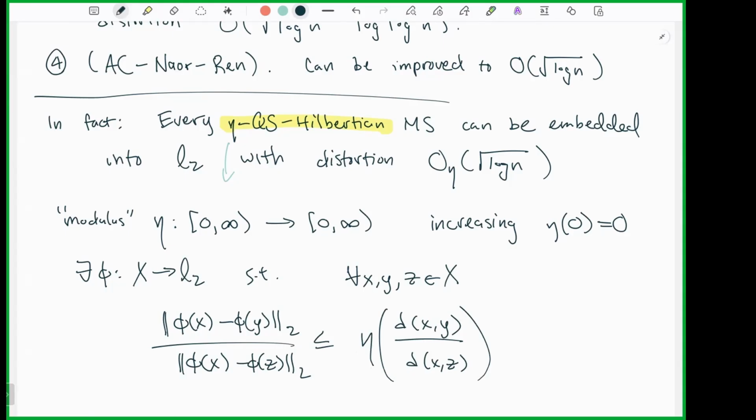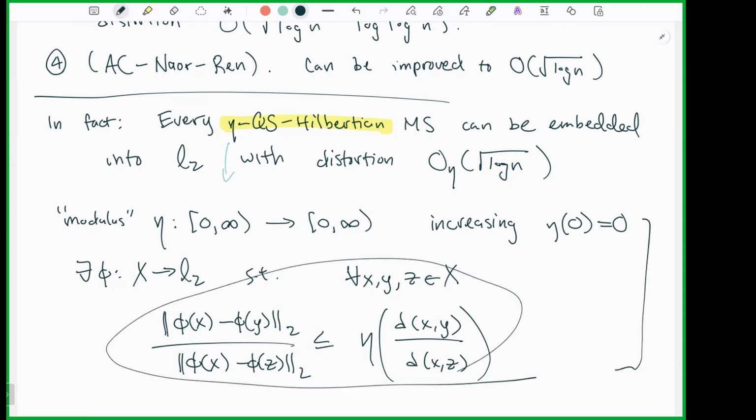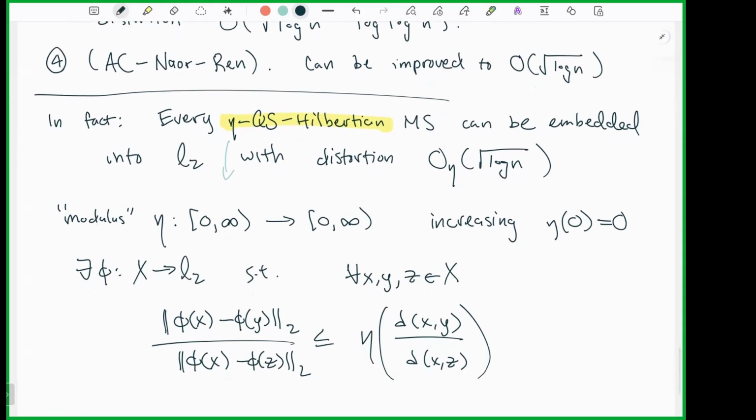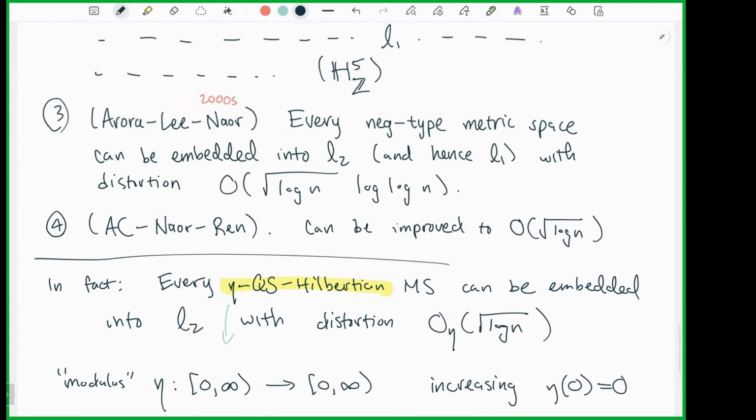So the statement is that if a space X satisfies this property, for some eta there exists a phi such that this is true, then you have this distortion result. Negative type is a special case of this where eta is just the square root function. I think this is the more geometric statement behind this result.